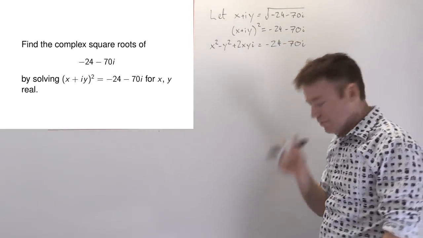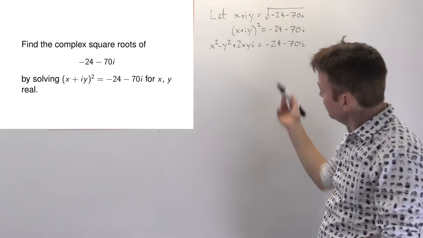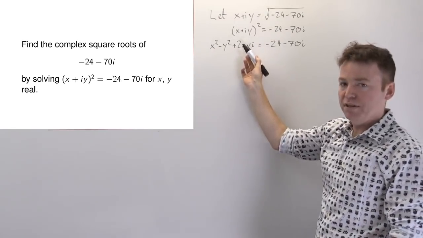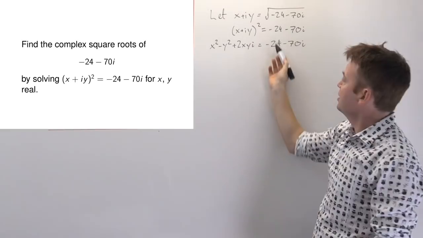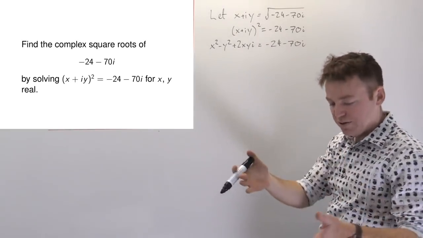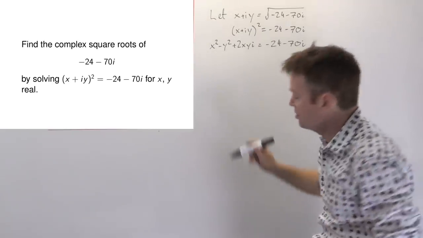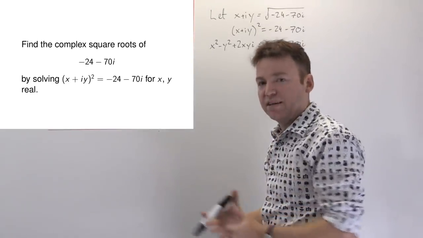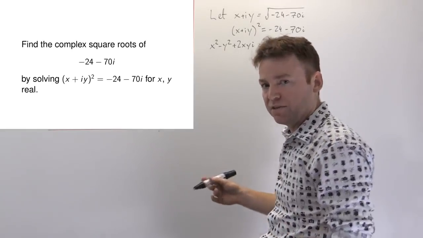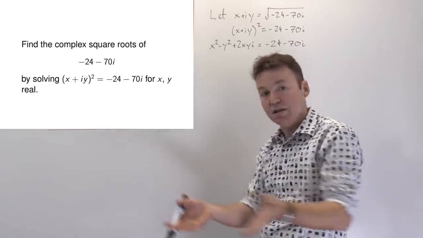So just expand this out. And this is nice because it has a real component and an imaginary component. And it's supposed to be equal to this, which also has a real component and an imaginary component. So the real components must be equal and the imaginary components must be equal. And to make this very clear what's going on, we say we can equate the real and imaginary parts, much the same as you would equate a modulus and an argument.